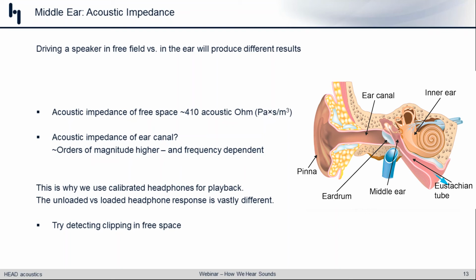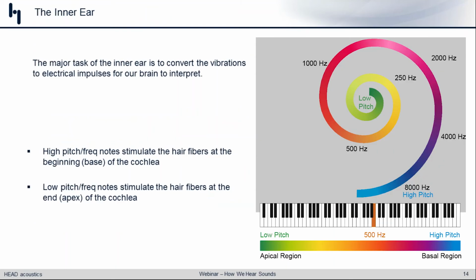Because of the different acoustic load, when there is clipping in the stimulus signal that you're playing through the headphones, you should be able to detect it a lot more easily if the headphones are in free space, as opposed to clamped onto your head with a vastly different and vastly higher acoustic impedance. So try that next time you have a measured signal that you suspect has some clipping in it.